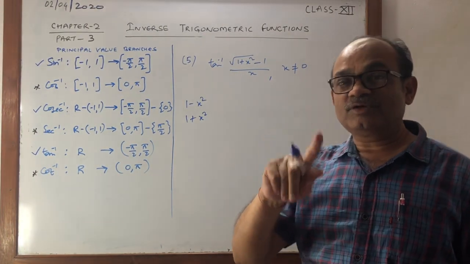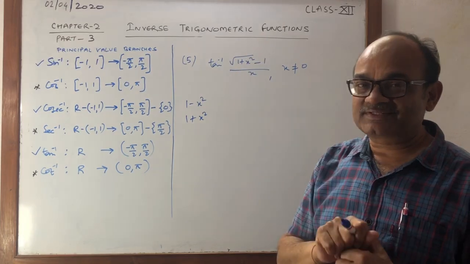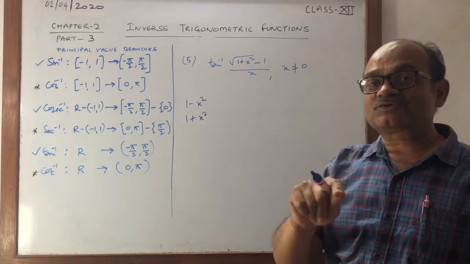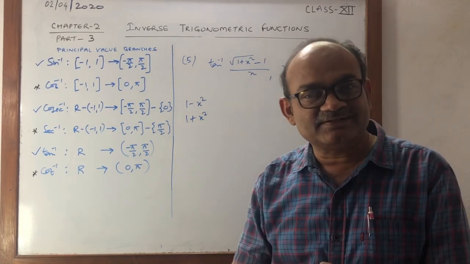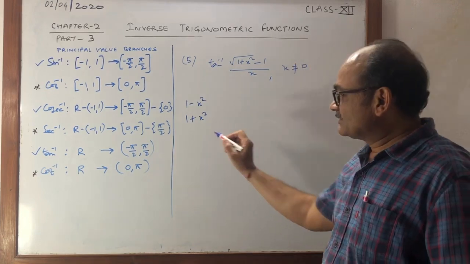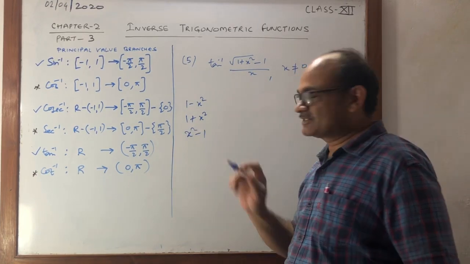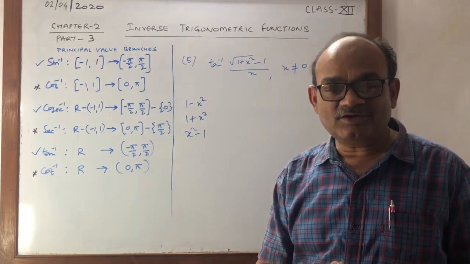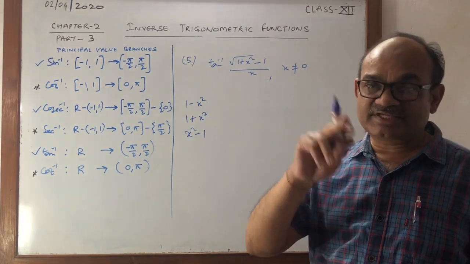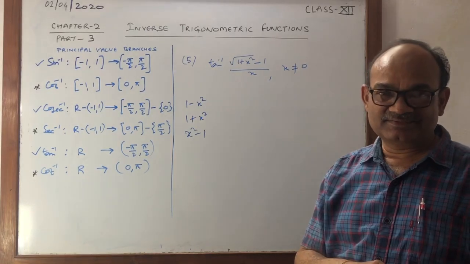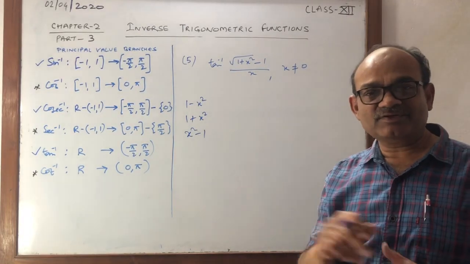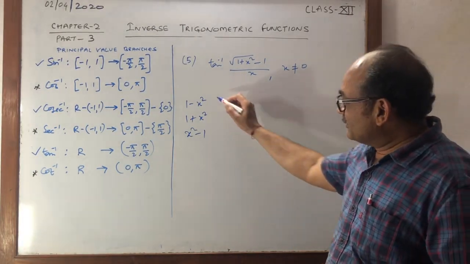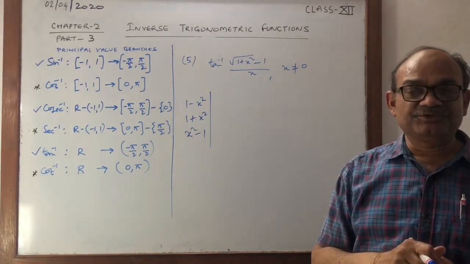Why? 1 plus tan square theta equals sec square theta, and 1 plus cot square theta equals cosec square theta. And the last, if it is x square minus 1, then x equals sec theta or cosec theta, because sec square theta minus 1 and cosec square theta minus 1 are formulas. So these 3 are the very important substitutions.